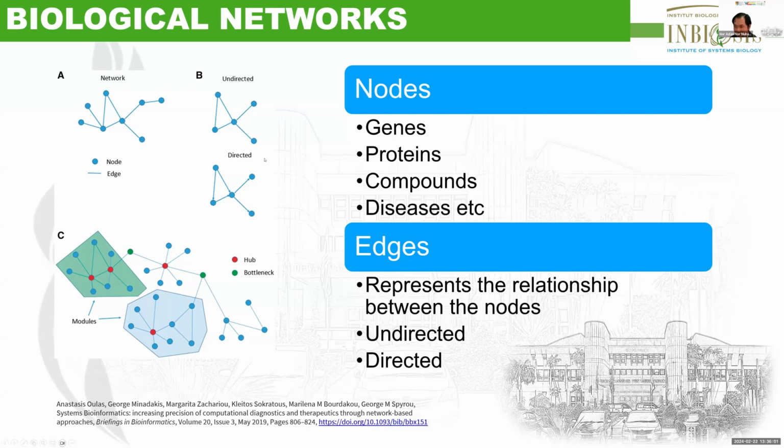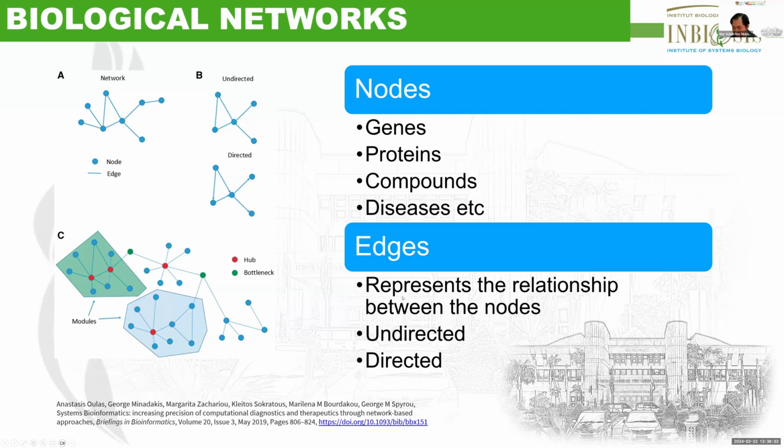These nodes can be genes, proteins, compounds, or diseases; they can be any data set where you know the relationship, because the relationship will be converted into edges. For example, if I were to talk about protein interaction networks, the nodes will be proteins, and the edges are basically the interaction between multiple proteins and so on.